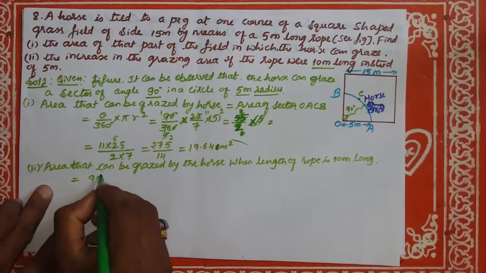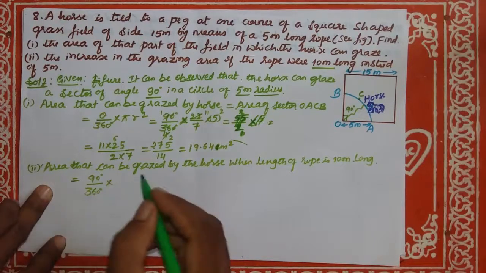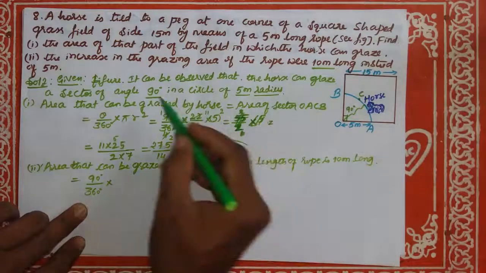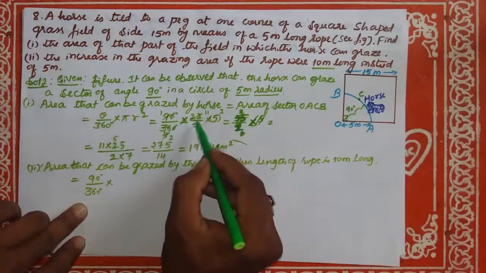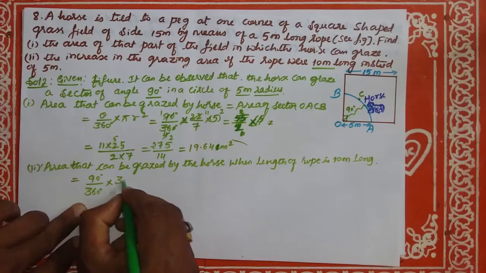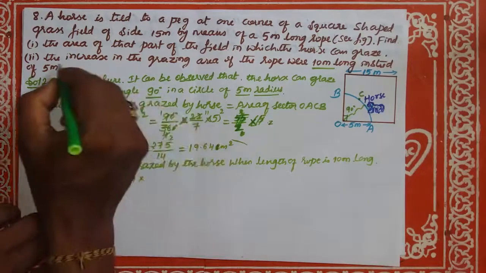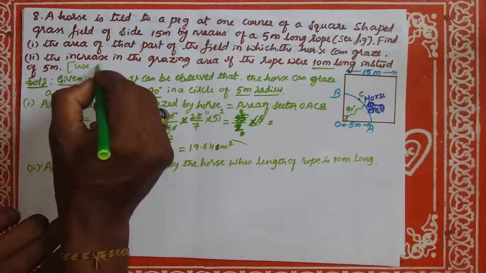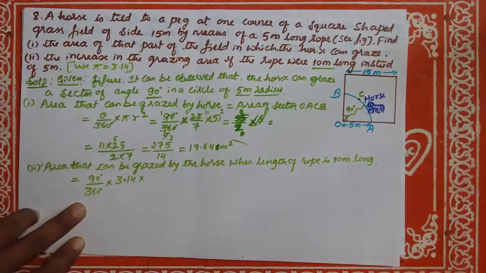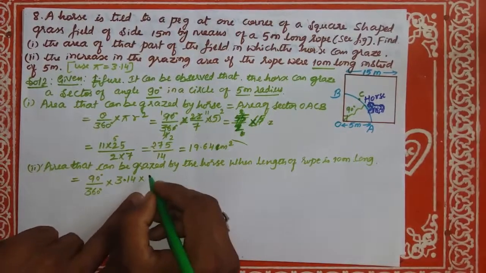In the first step I took pi as 22 by 7, but now they have given pi value 3.14, so use pi is equal to 3.14. 90 divided by 360 into 3.14 into r square.